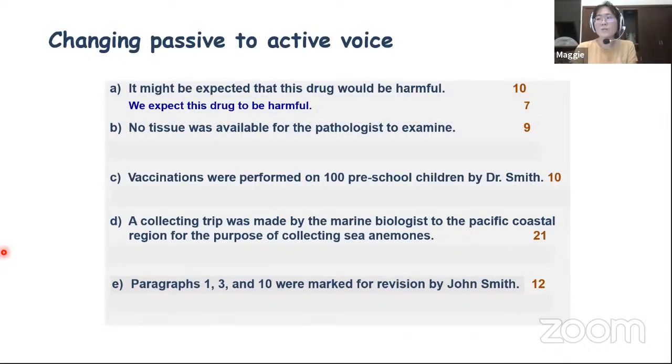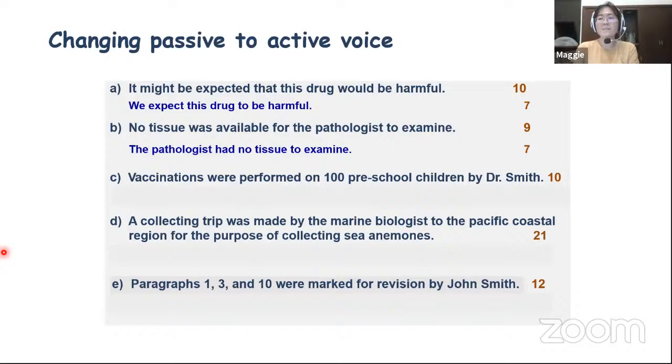Then we can reduce from 10 words to 7 words. Then the second one: no tissue was available for the pathologist to examine. This is 9 words in total. Then: the pathologist had no tissue to examine, reducing 2 words.